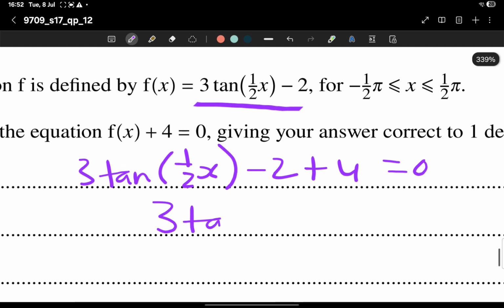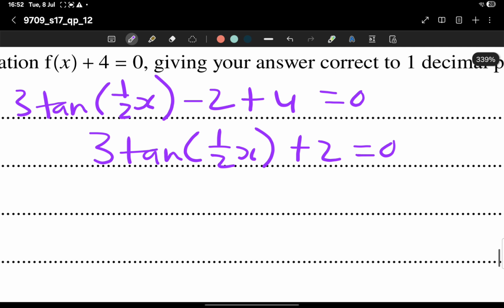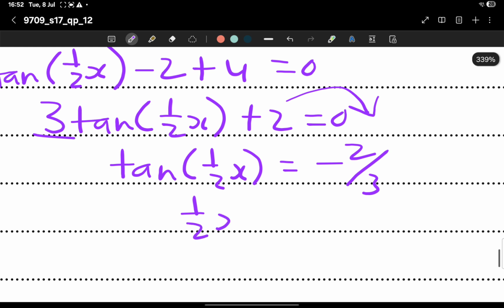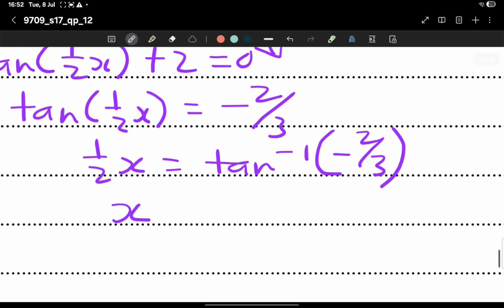This will be 3 tan(x/2) + 2 equals 0, and that will give me tan(x/2) equals -2/3. I took the -2 to this side, then I divided by 3 both sides. So x/2 will be the tan inverse of -2/3, right? Like that. And to get x, I'll multiply both sides by 2.